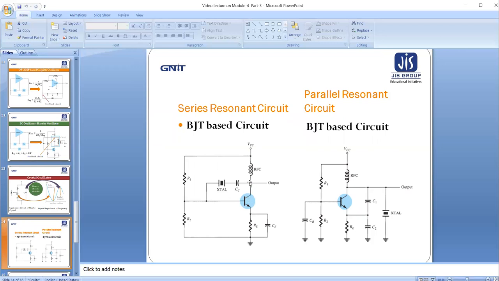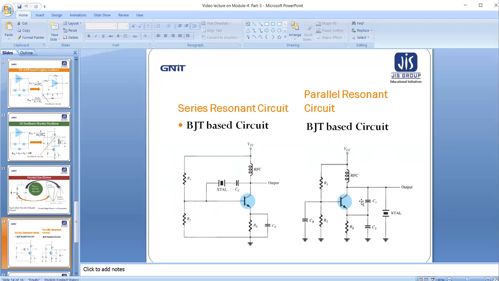When this signal goes to the quartz crystal, it will excite the crystal in the series resonance mode, and in that condition maximum current will flow through this path. When the base current is maximum, it will produce the maximum collector current. This RFC is used to isolate the DC from the AC.